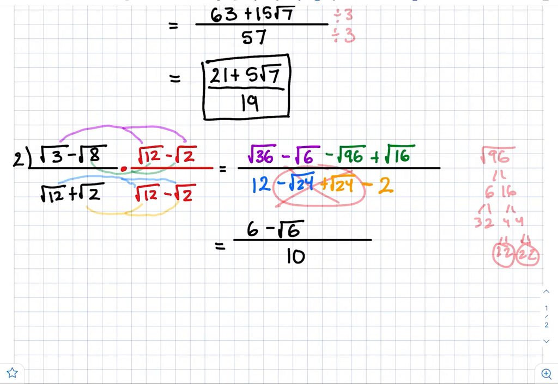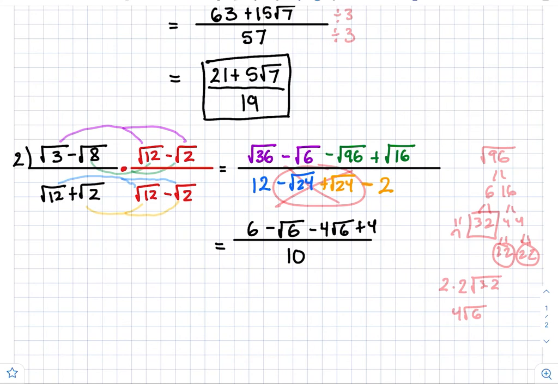Pairs of 2s, leftover of a 3 and a 2. So on the outside of the square root, 2 times 2, because of the pairs, and our leftover is 3 times 2. So 4 square root of 6. So we're going to have minus 4 square root of 6. And the square root of 16 is a perfect square of 4.